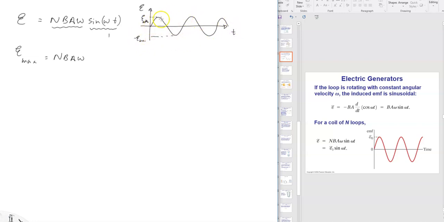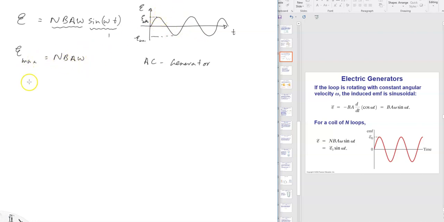It goes to a maximum, comes to 0, goes to a negative maximum, comes to 0. That means the direction of the current, negative voltage means current is going the other way. So this is an AC generator. Current goes back and forth, oscillates between two maximum values.